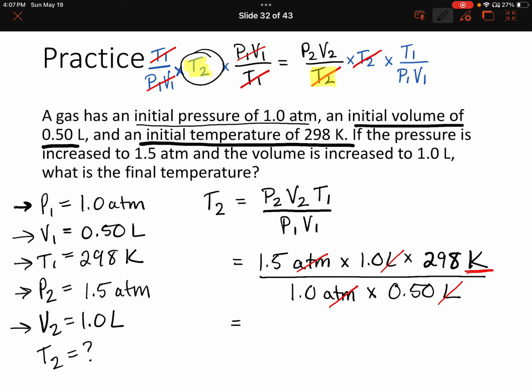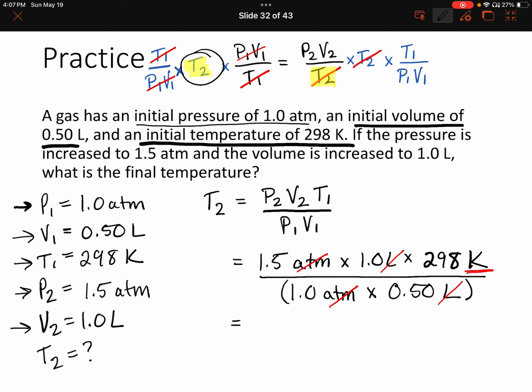I recommend putting parentheses around the denominator if you have more than one value. Otherwise, your calculator might assume that you're dividing by 1 and then multiplying by 0.5. So sometimes I put parentheses around that denominator just so it's clear in the calculator what the value is.